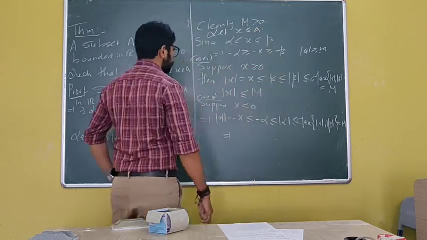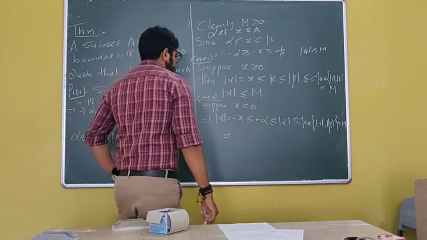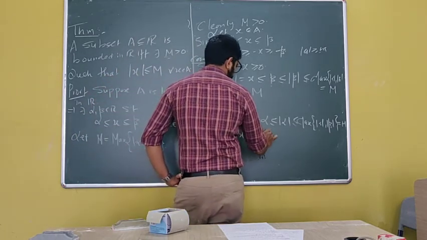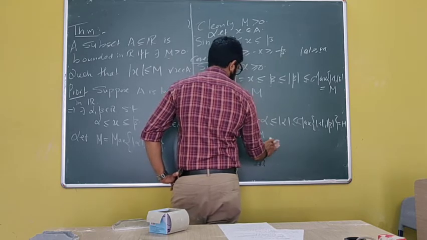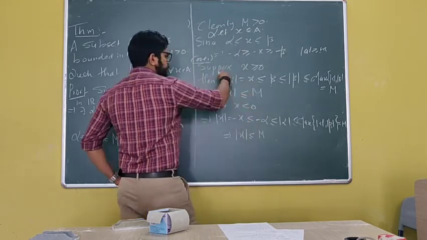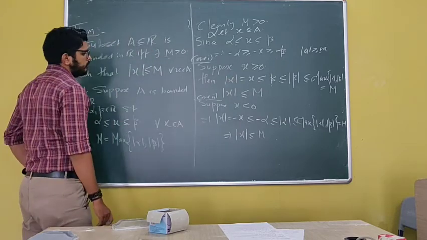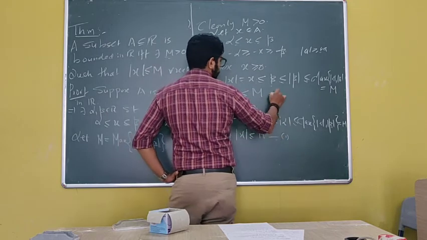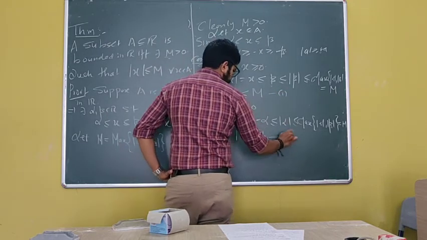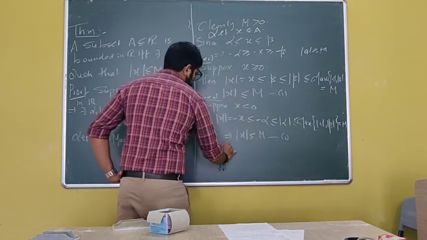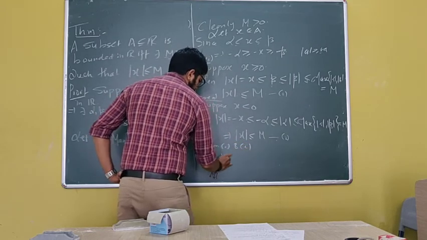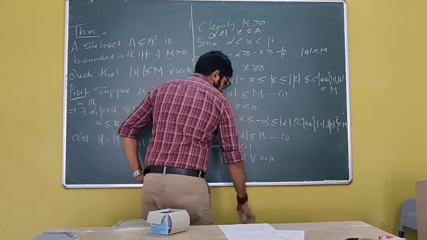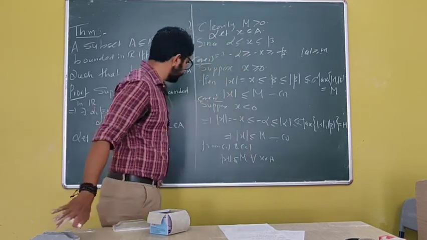I don't know whether it's positive or negative, I can do cases accordingly. So this implies x is less than or equal to M. So from 1 and 2, what do we get? Modulus of x is less than or equal to M, right? So the direct part is proved.